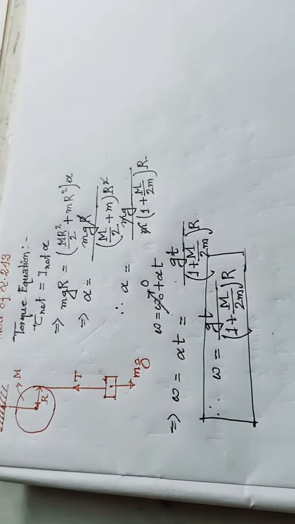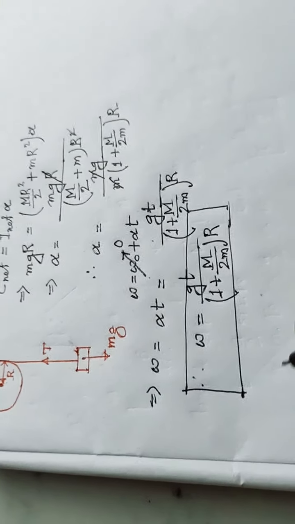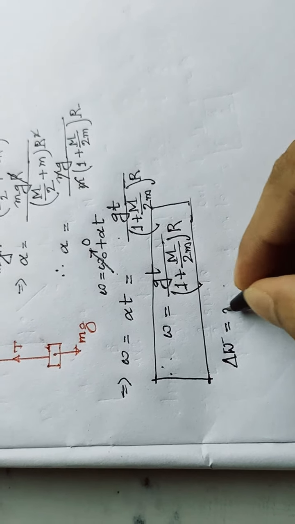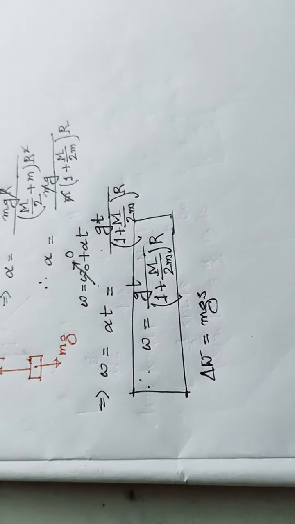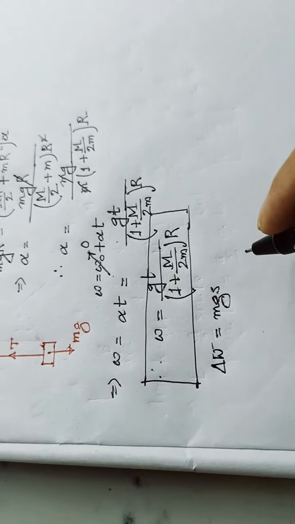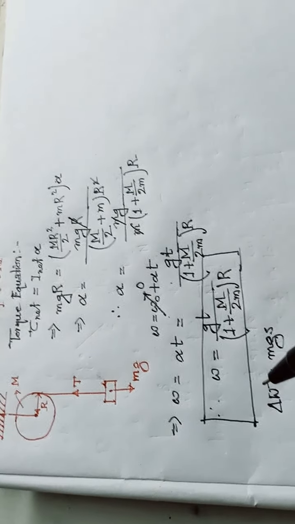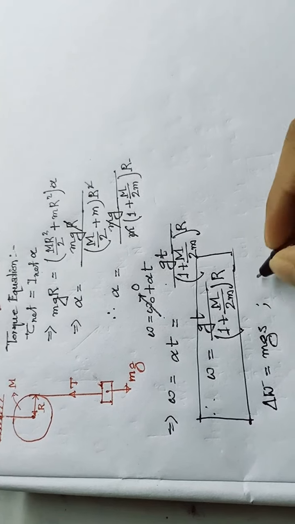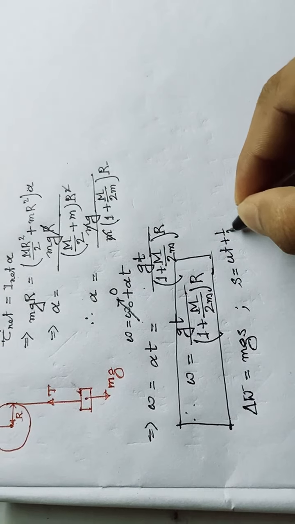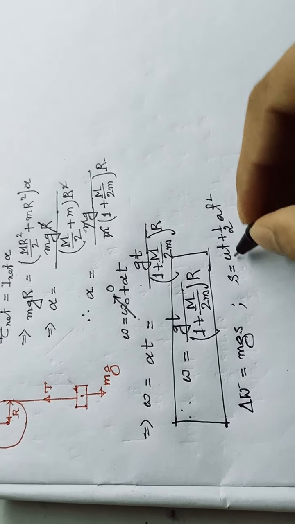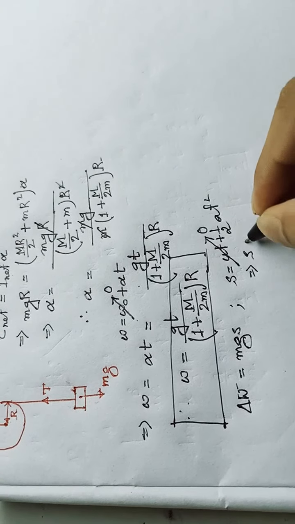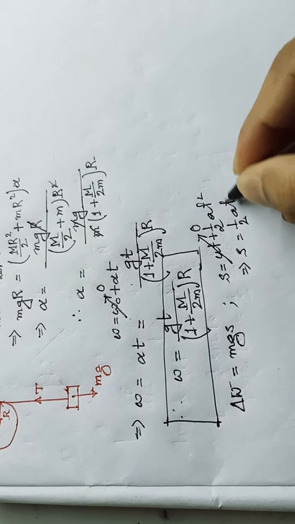Now we'll find the work done. So work done del W will be equal to mgs, where s is the displacement. As we know, the motion starts from rest, so from s equal to ut plus half at square, and as the initial velocity is 0, s is equal to half at square.